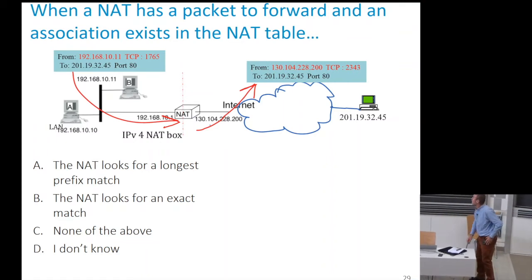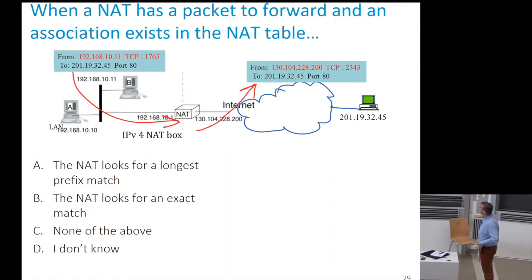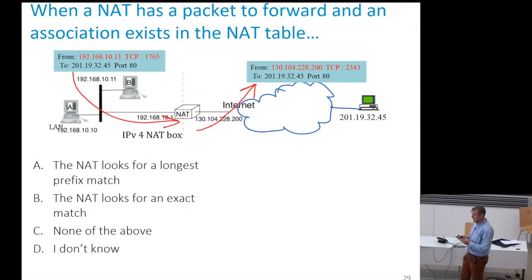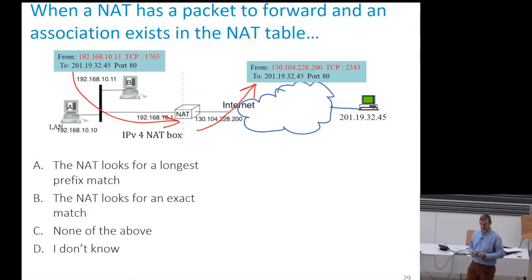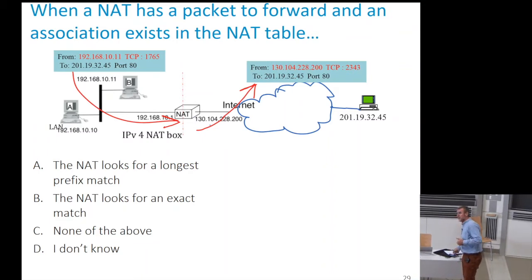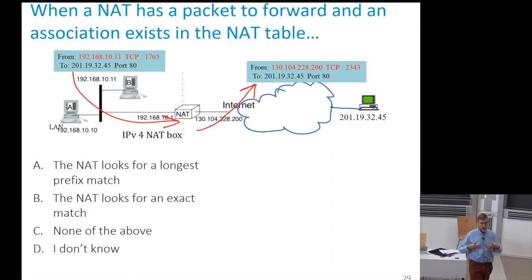Small question. When a NAT forwards a packet, what kind of match does it do? The correct answer, chosen by the majority, is B. It does an exact match, which is an essential difference if we think about how IP was conceived.